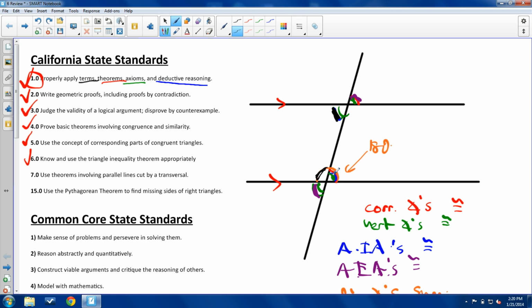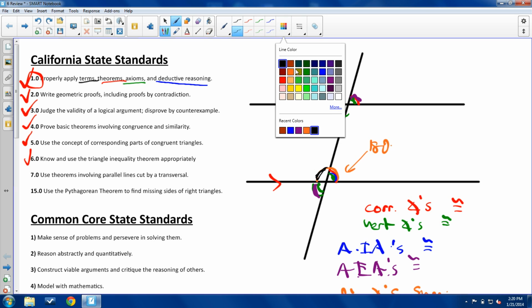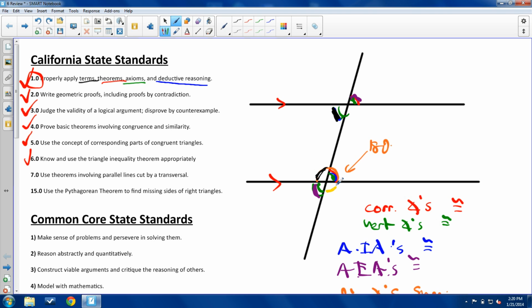Well, if this is a straight line, then this guy right here plus this guy right here also must equal 180 degrees. So I'm going to go and add that angle. It's barely seen. Probably should have used a different color there.